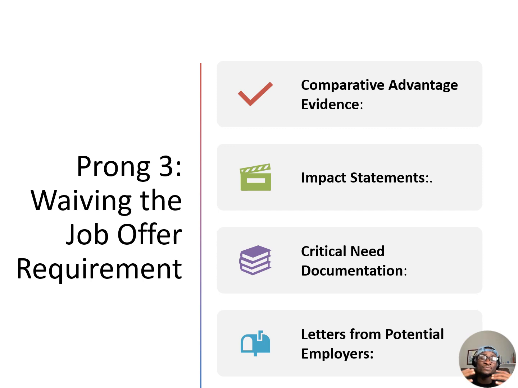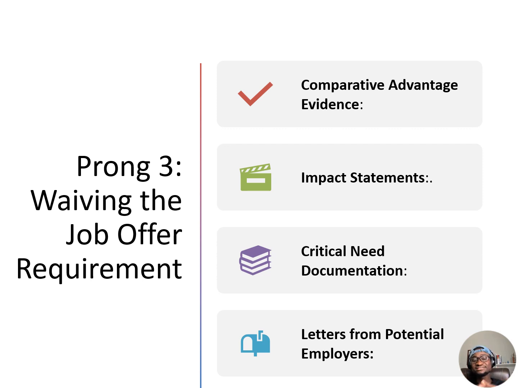So again, overall, for the third prong, some of the key documents or evidence you need are comparative advantage evidence documentations. You need an impact statement. You need critical need documentations. Basically, if you are working in any urgent needs or in the critical sector of the economy, that is another key evidence to demonstrate to USCIS that you are eligible for what you're doing, and so USCIS should waive off the job offer requirement.